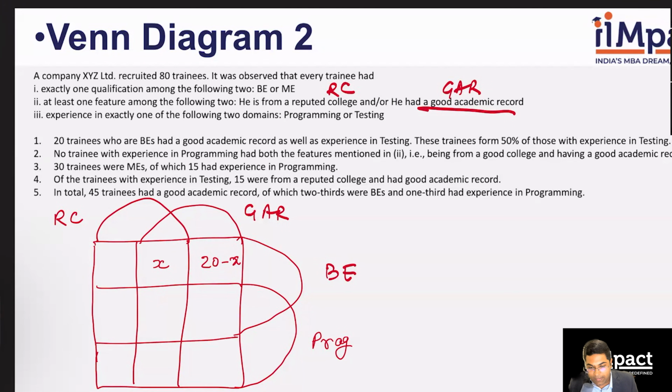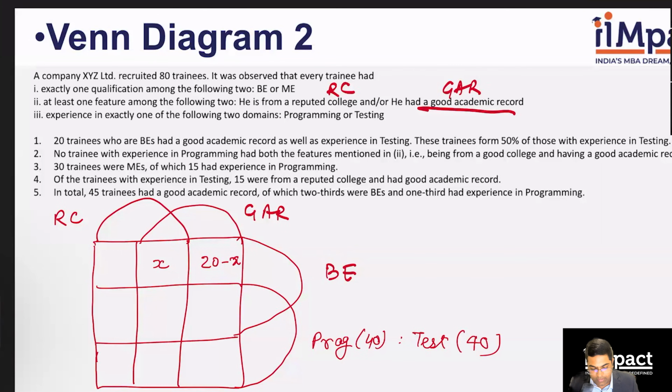Now, guys, what does this tell me? Total people with testing experience is 40. That means total people with programming experience is also 40. Correct? Right. And I now also know from this that the rest of the sums will be, sorry, 20.